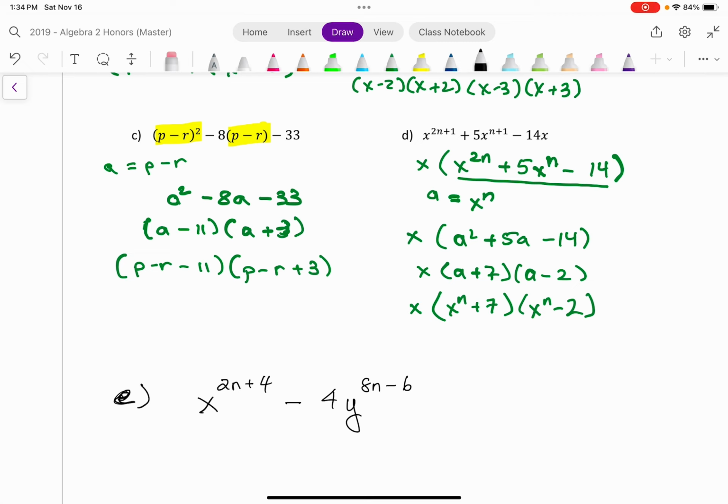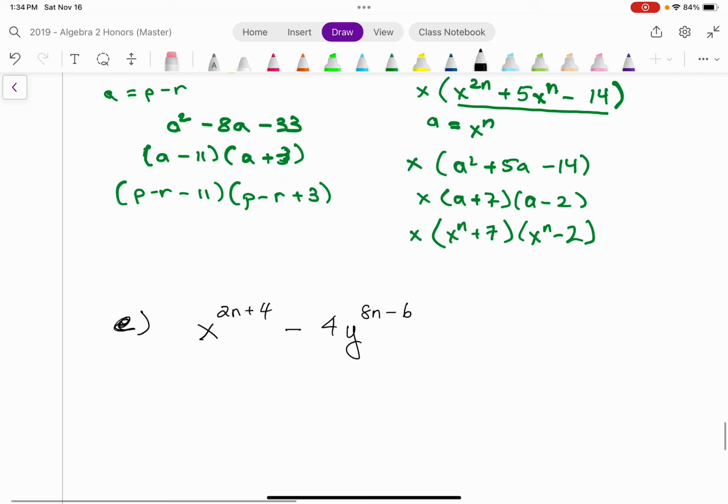For this one, what I notice, number one, is the coefficient for y is 4. And also for the x and the y, the exponents are multiples of 2. I could actually rewrite these both like this. x to the n plus 2, squared, minus 4 times y to the 4n minus 3, squared, because 2 goes into both of these exponents.